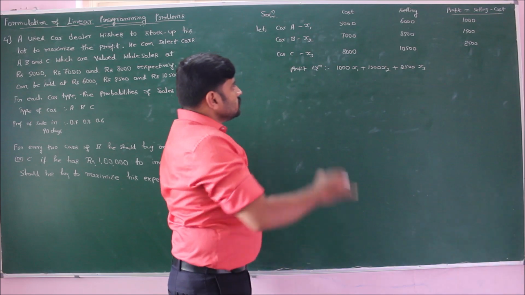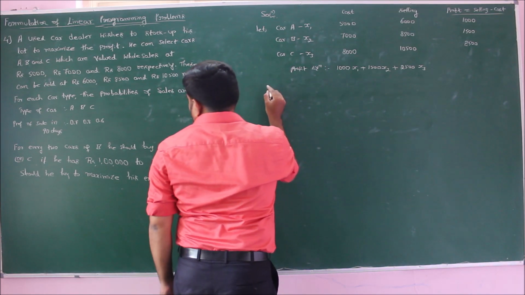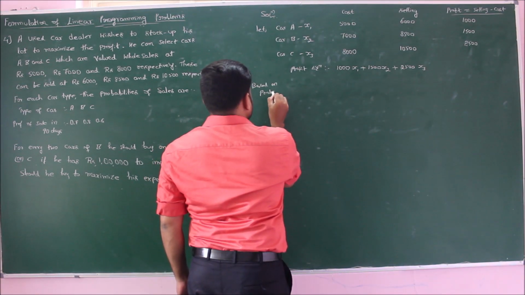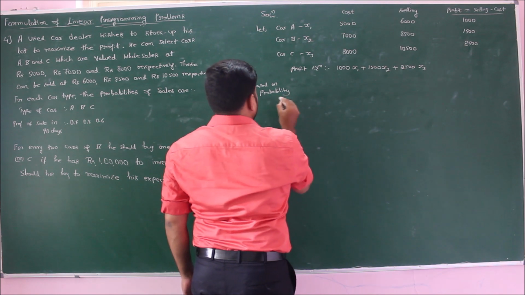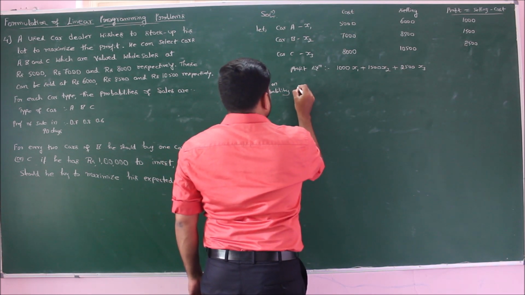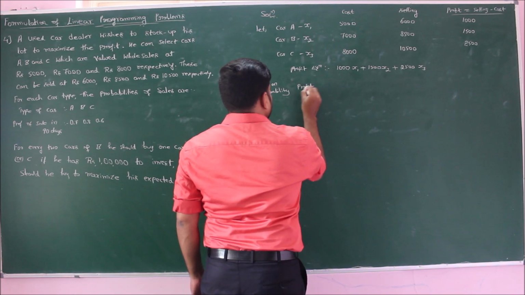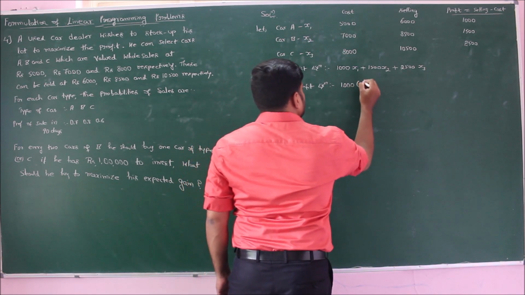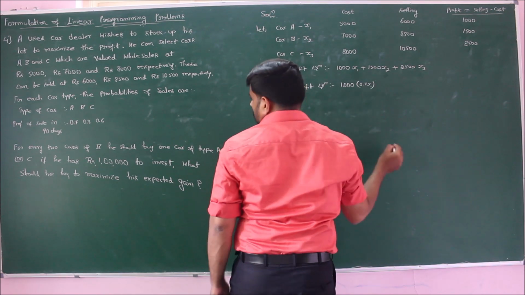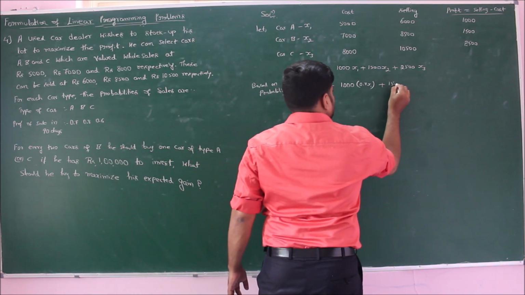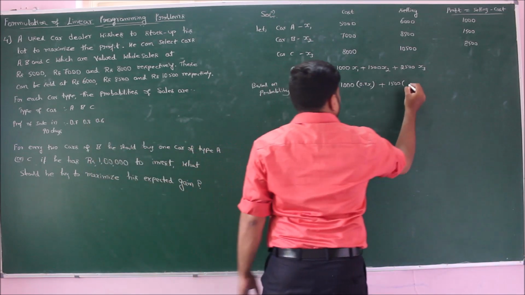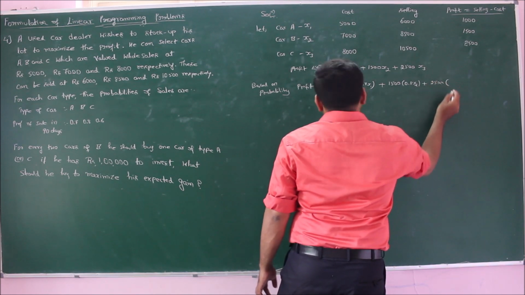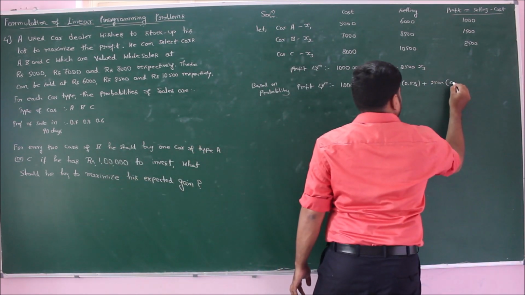So the actual profit equation including probability is 1000 times only 70% of x1 is sold, plus 1500 times only 80% of x2 is sold, plus 2500 times only 60% of x3 is sold.